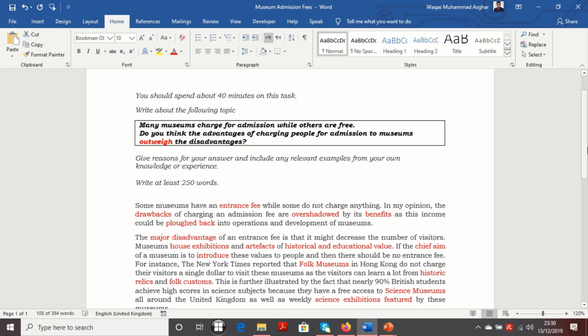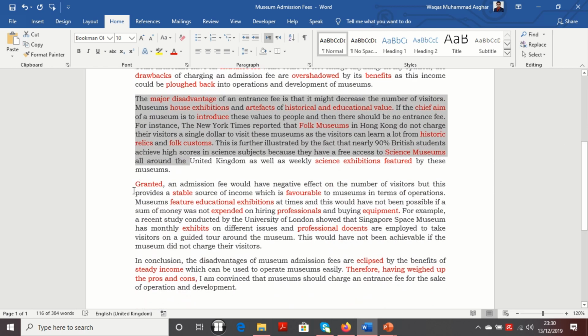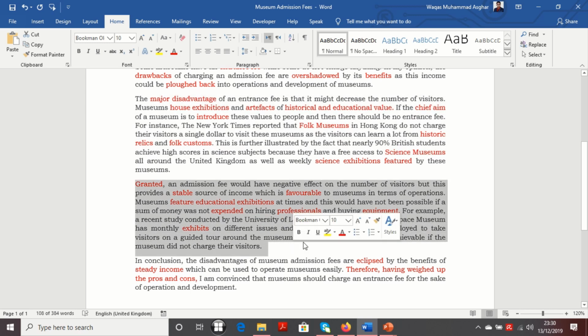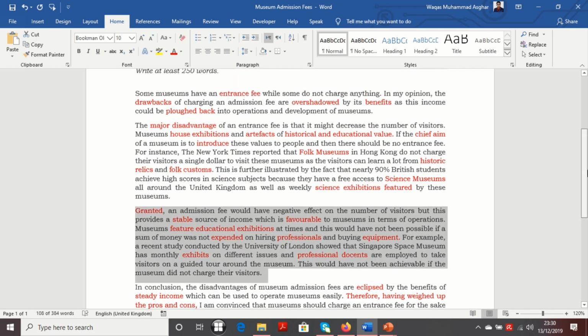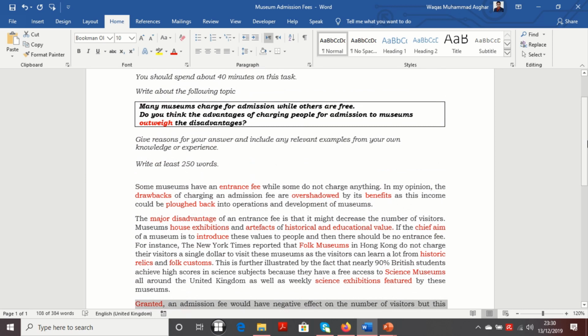If we think that there are more advantages, then in our first body paragraph we will discuss the major disadvantage, and then the major advantage in our second body paragraph.